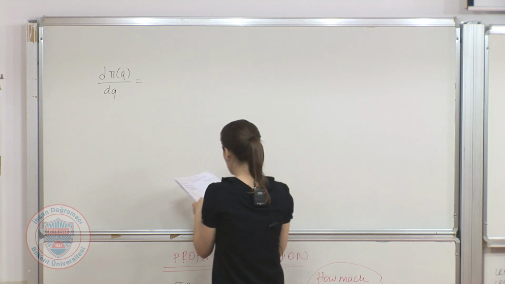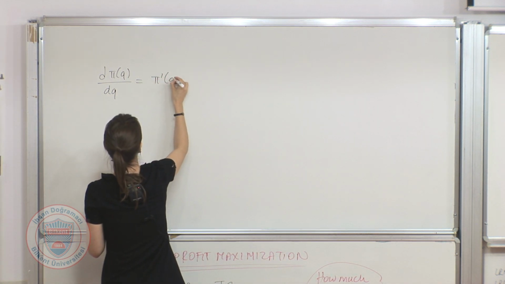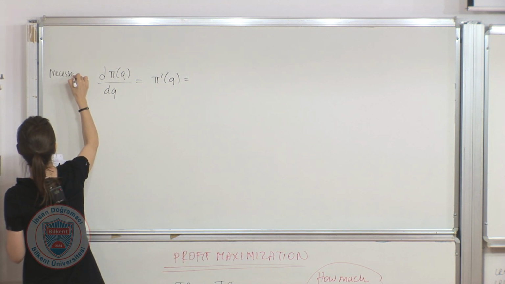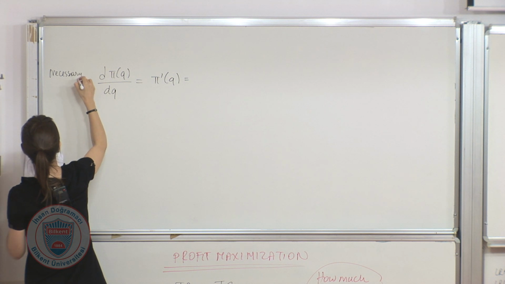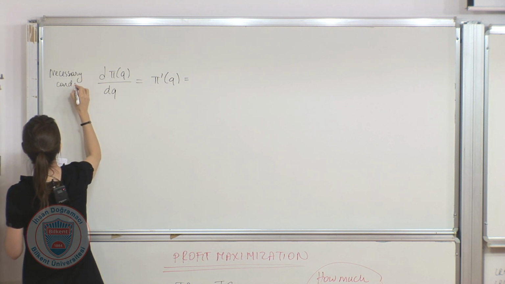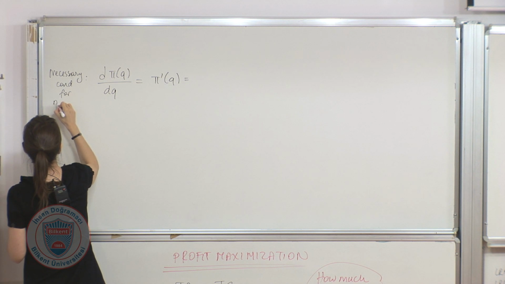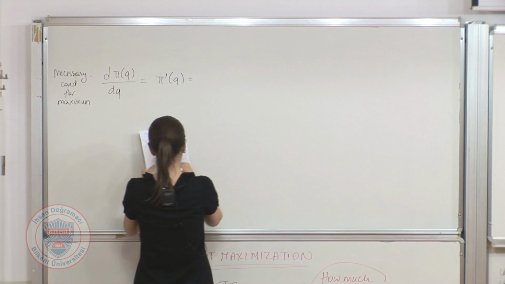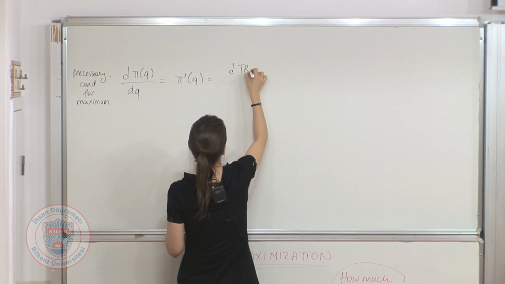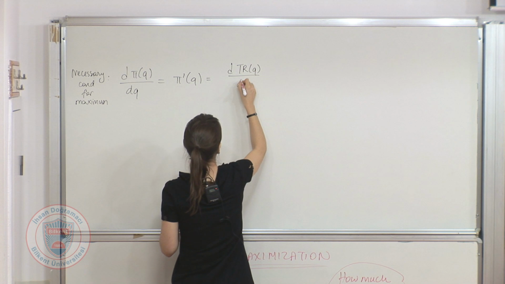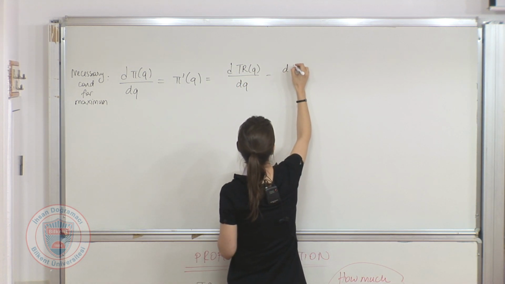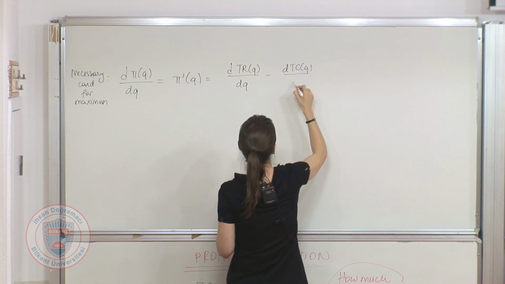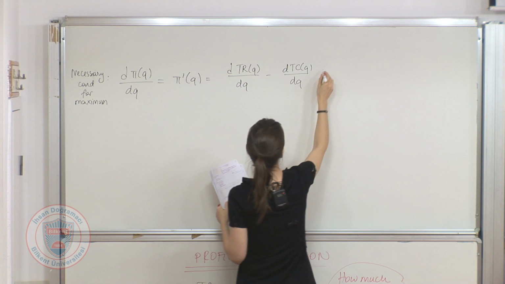So basically, phi prime, the necessary condition for a maximum. So this is going to be the derivative of total cost with respect to Q, and we should set it equal to 0.